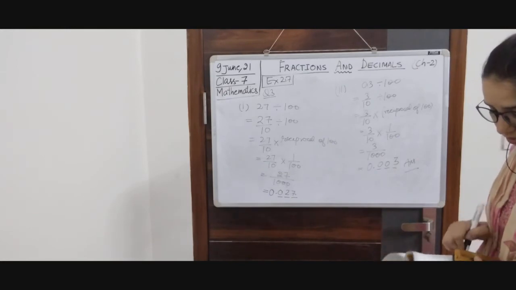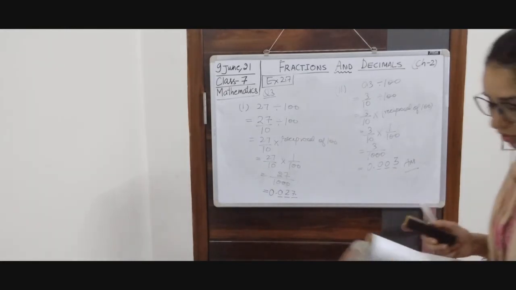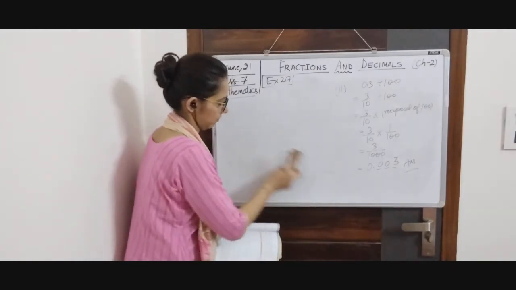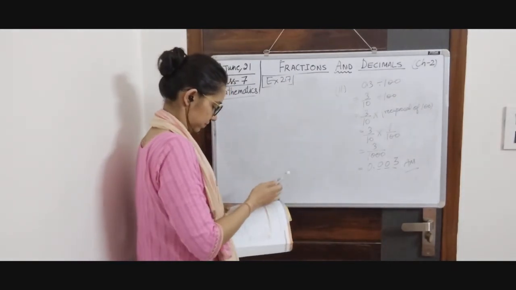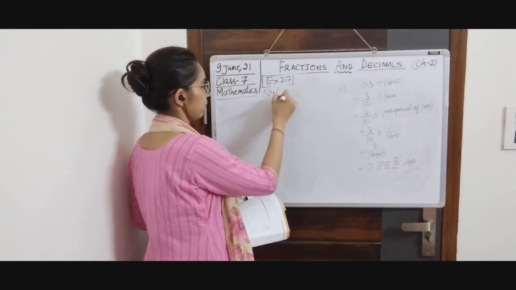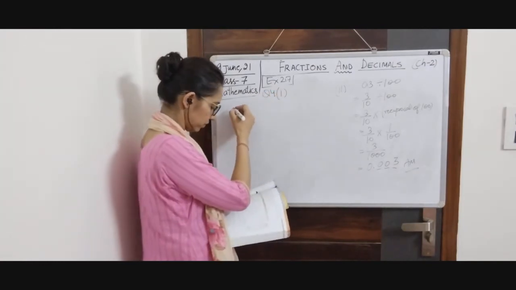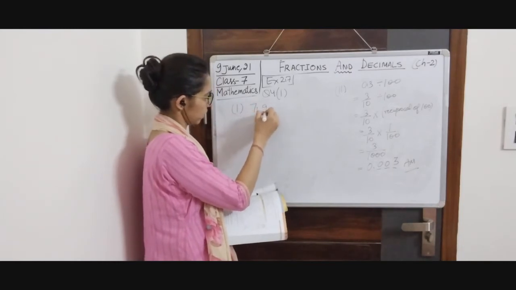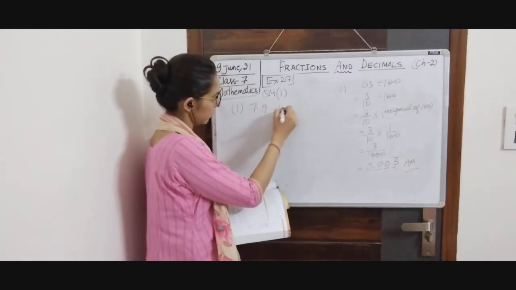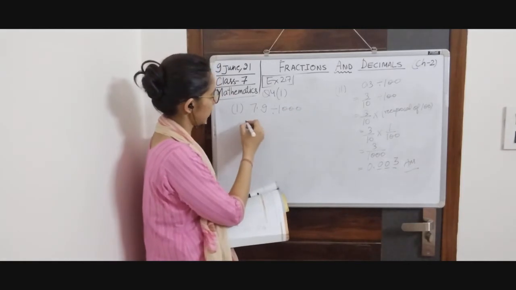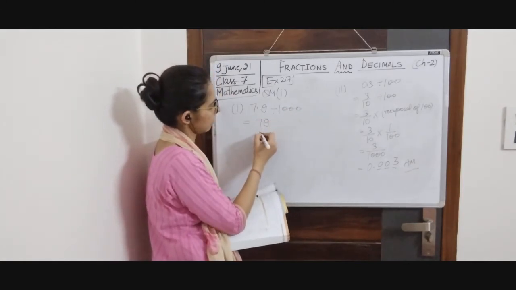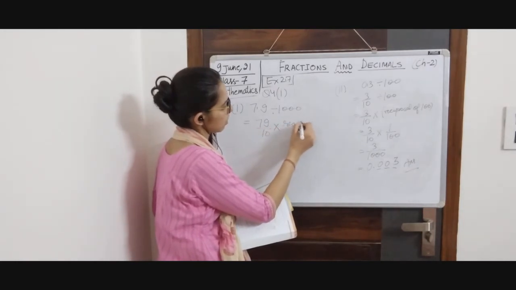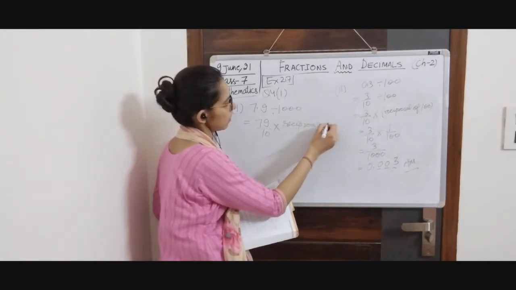Question number 4. All the divisions are approximately the same, we just have to take a few facts into consideration. Here, 79 by 100 into the reciprocal of 1000.